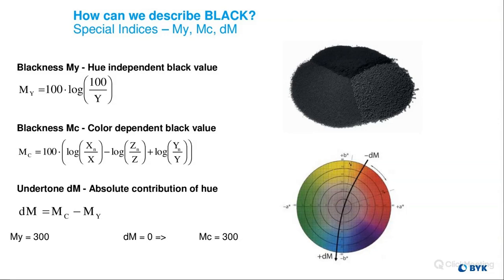And then you have the undertone DM, which is the absolute contribution of the hue. So that's the absolute color that's in that undertone. All these get combined and give you some values to describe these deep black colors. You get the DM, the color dependent black value minus the hue independent black value, and that'll give you the undertone black value.